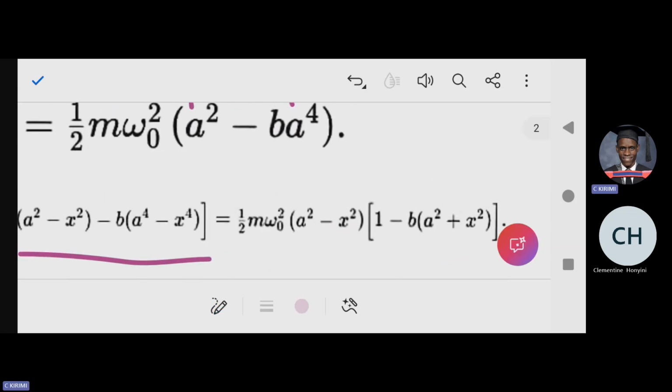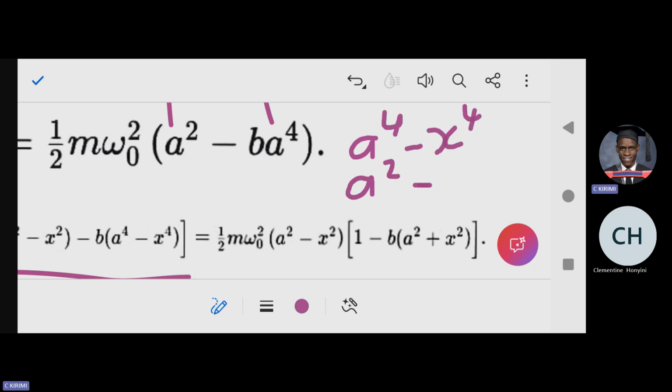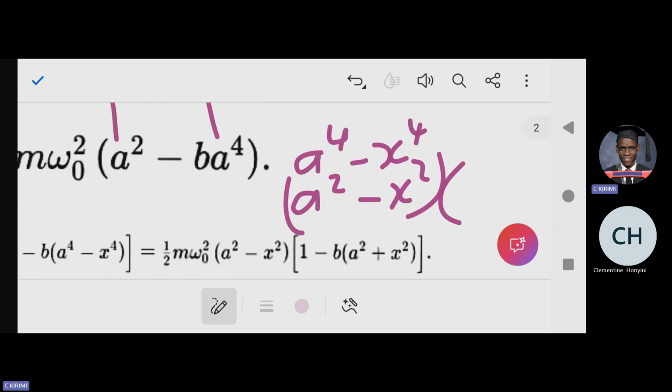A to the power 4 minus X to the power 4: difference of squares says A to the power 2 minus X to the power 2, then close the bracket, times A to the power 2 plus X to the power 2. That's what they did here.